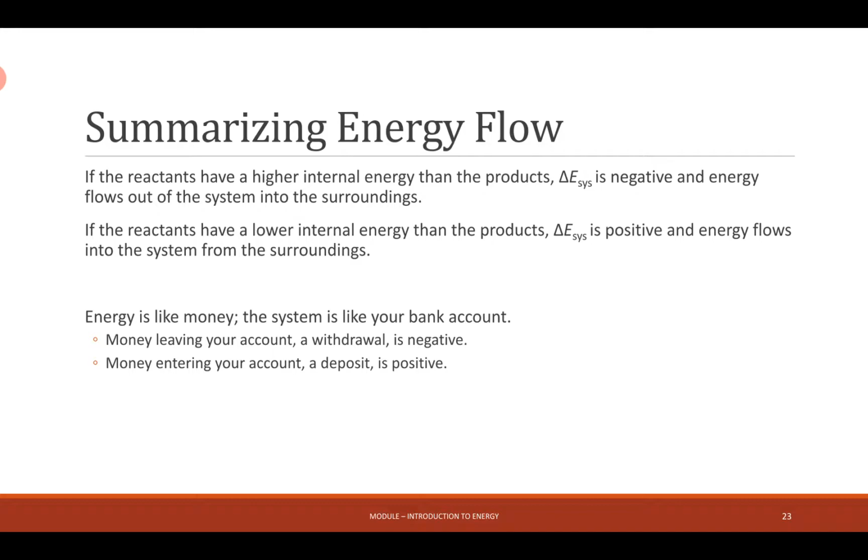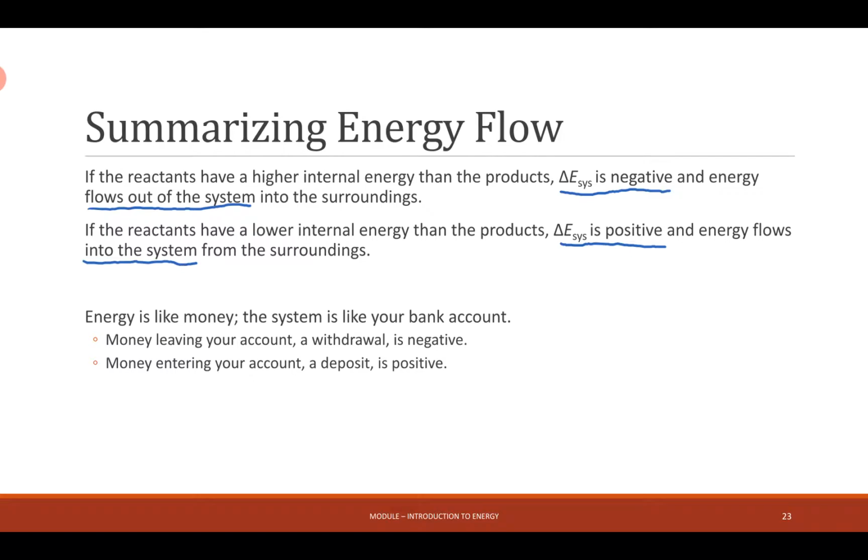So summarizing what we just talked about. If the reactants have higher internal energy than the products, then your delta E system is negative and energy is flowing out of the system into the surroundings. If the reactants have lower internal energy than the products, then your delta E system is positive and energy is flowing into the system.